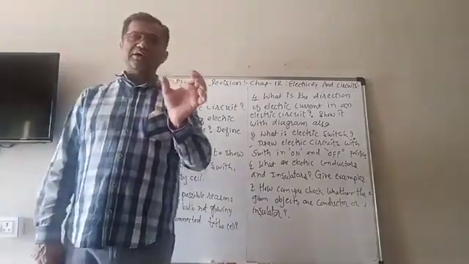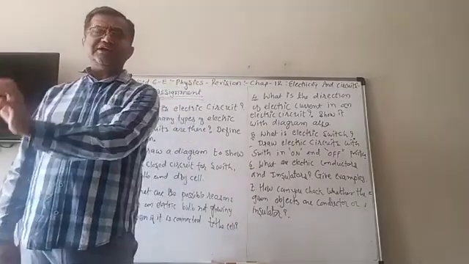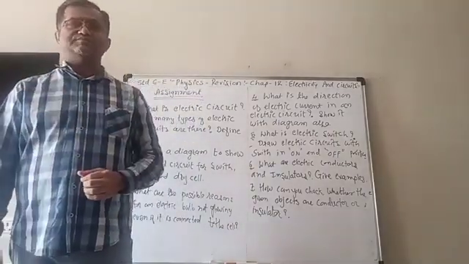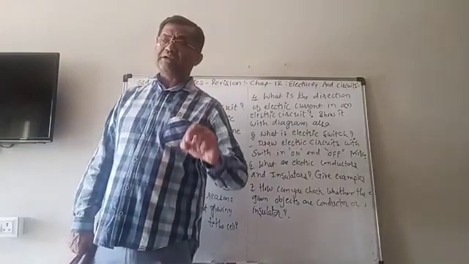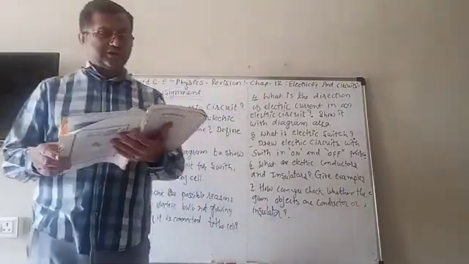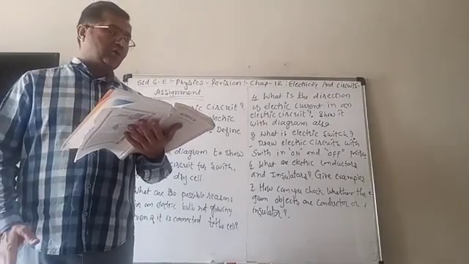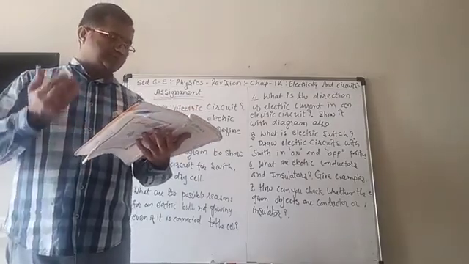If the bulb is glowing, then you can write down against it that it is a conductor. If the bulb does not glow, it means that material is an insulator, meaning it will not allow the current to pass through it.